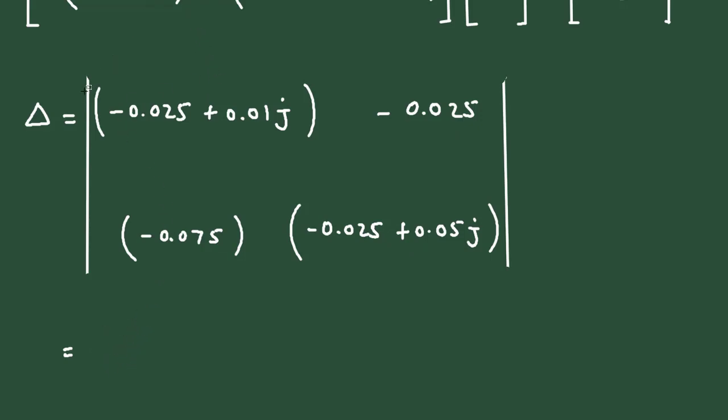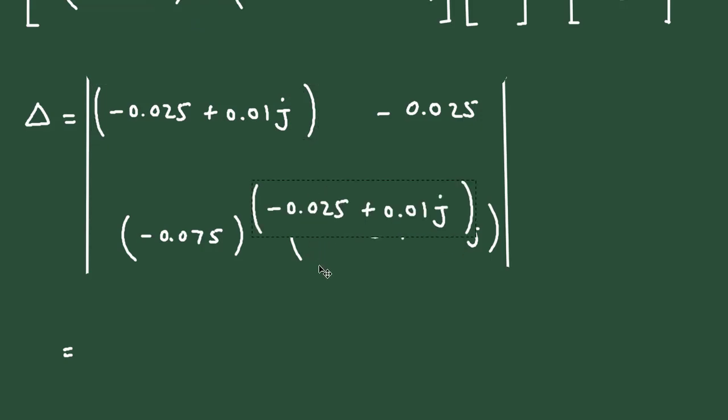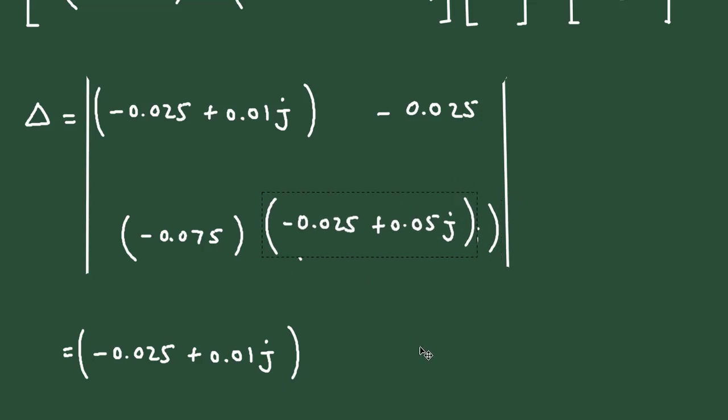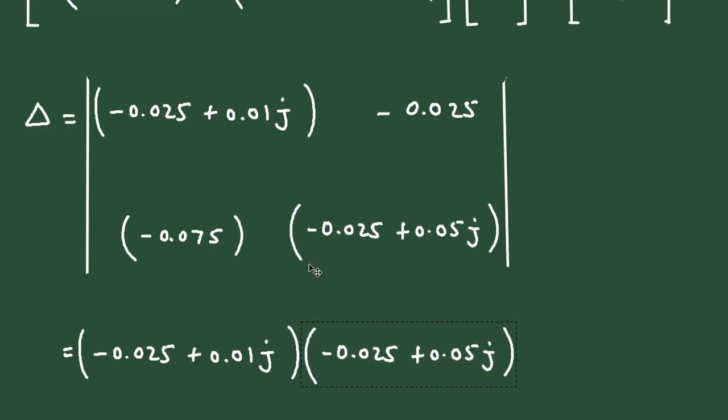So let's take it from here directly. This multiplied with this, then minus 0.025 multiplied with this.